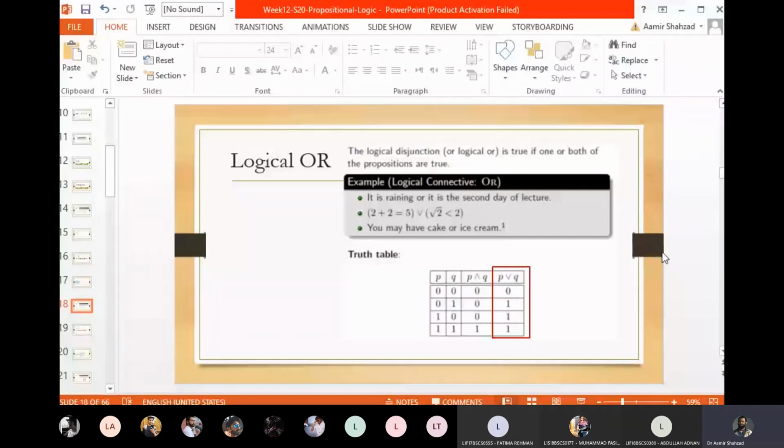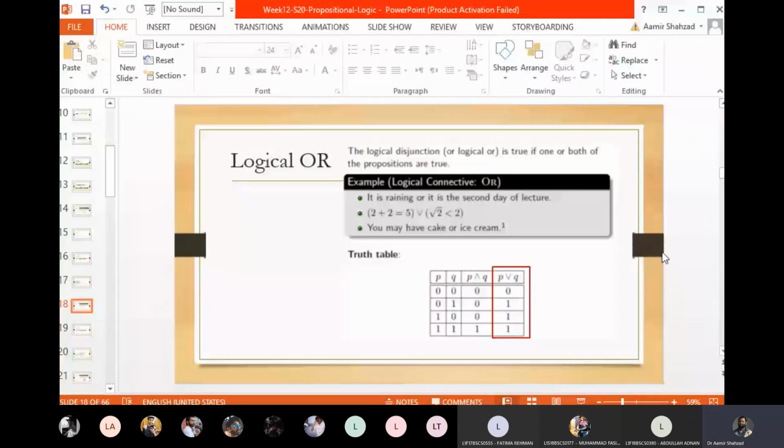So in any ways, या तो raining हो रही होगी या raining नहीं हो रही होगी. It is second day of lecture, so it will be either second day of lecture or it will be not second day of lecture. So अगर तो raining नहीं हो रही और it's not second day of lecture, the whole statement becomes false. लेकिन raining हो रही है और it's not the second day of lecture, the statement becomes true.